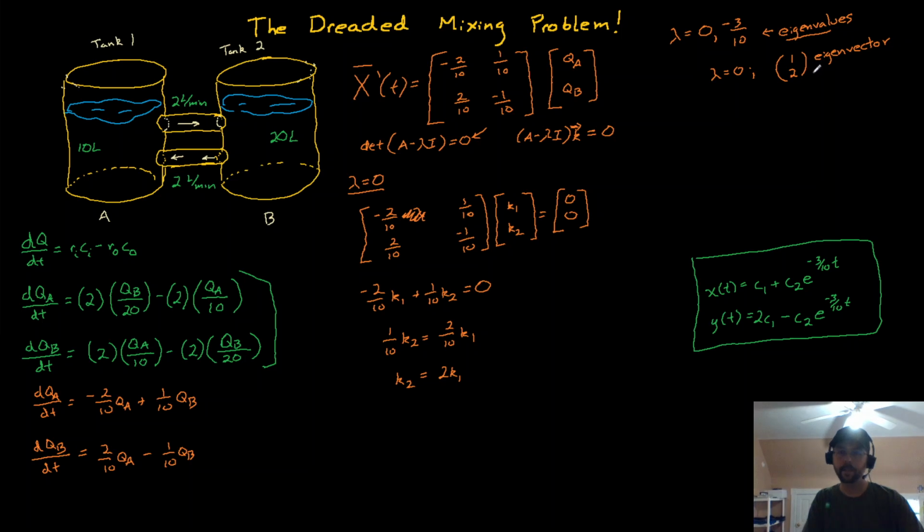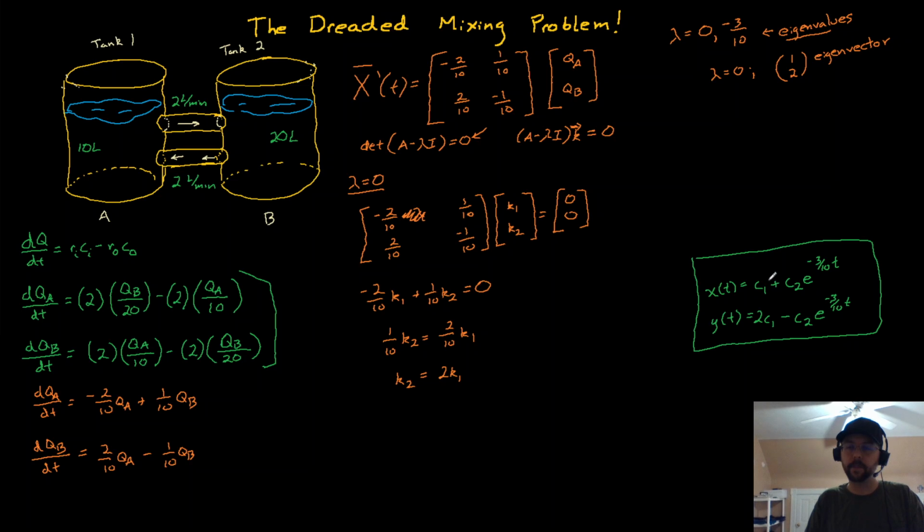And what this is telling us is that when lambda equals 0, the ratio between the top and the bottom equation needs to be a 1 to 2 ratio for the value that's multiplied by the term that has lambda equals 0. And you can actually see already down here that that's true.